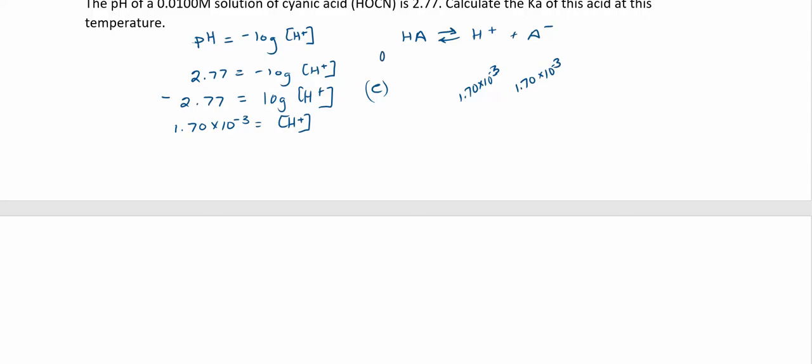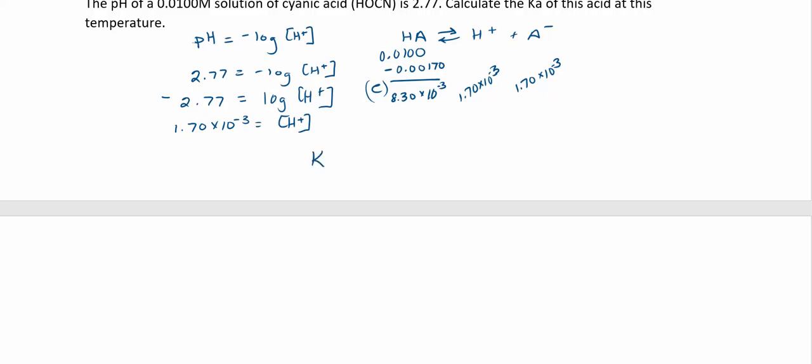Well, it starts with a 0.0100 solution, and it's going to be changed by some amount X. That amount X is also equal to the concentration of the H ion. So I'm going to subtract my 0.00170 because these numbers are the same. So that at equilibrium, I have a weak acid concentration of 8.30 times 10 to the negative 3.